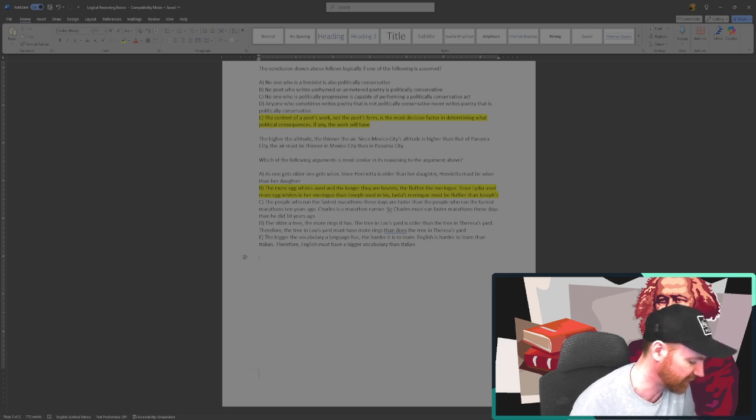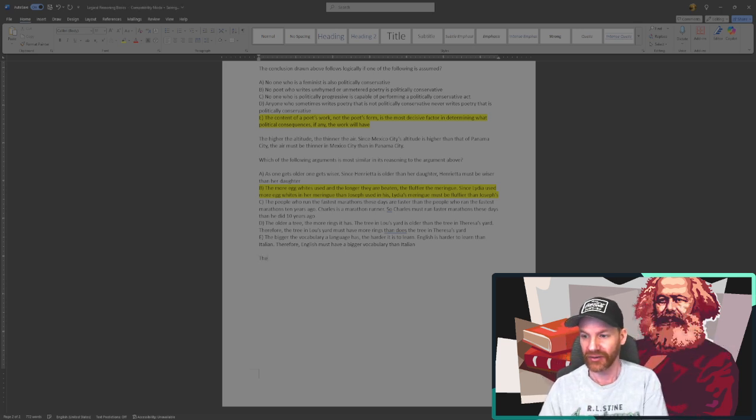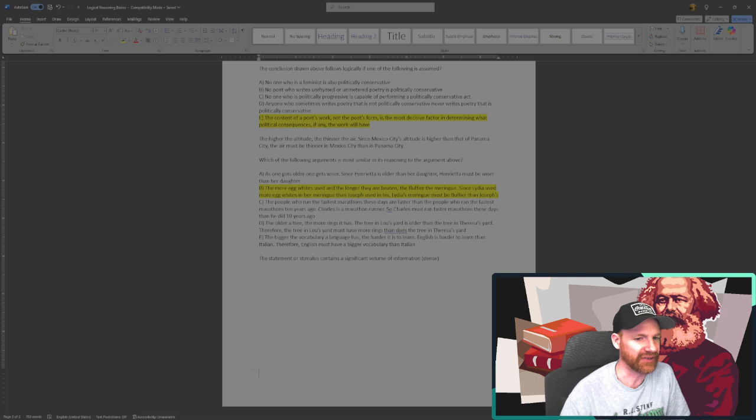1. The stimulus or statement contains a significant volume of information. Yeah, they're pretty dense.